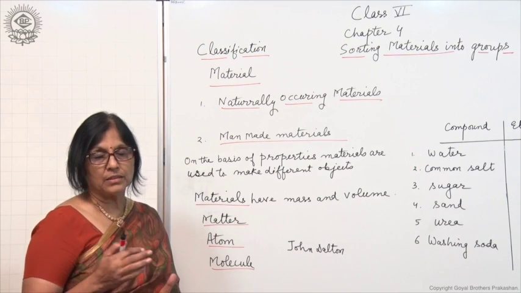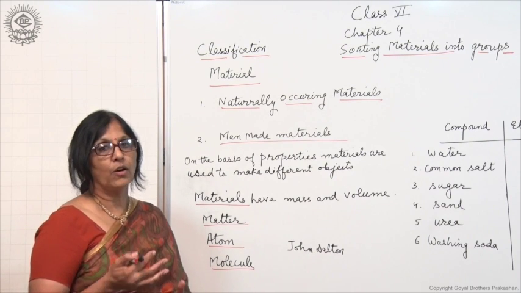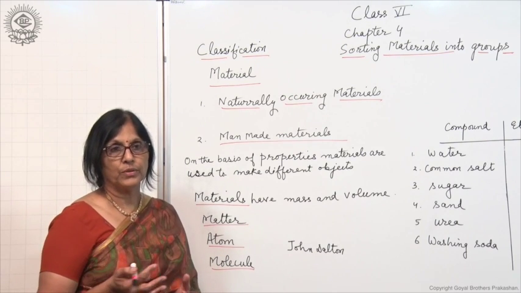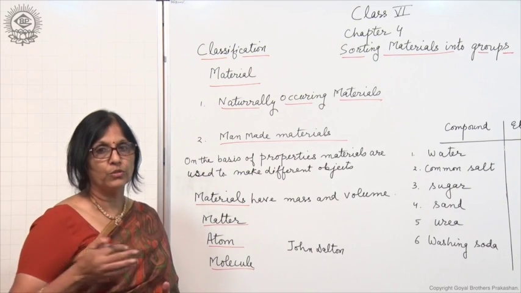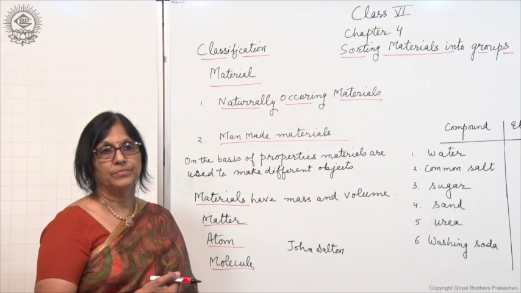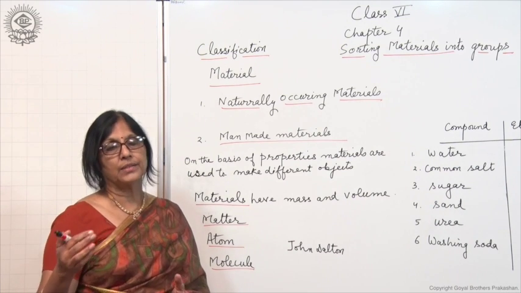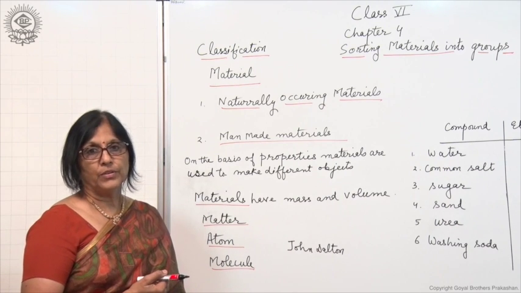So, everything around you is matter. Everything this universe is made up of, your body, flesh, bones, all the objects you see around you are different forms of matter. Water, air, rivers, seas, all these are different forms of matter.